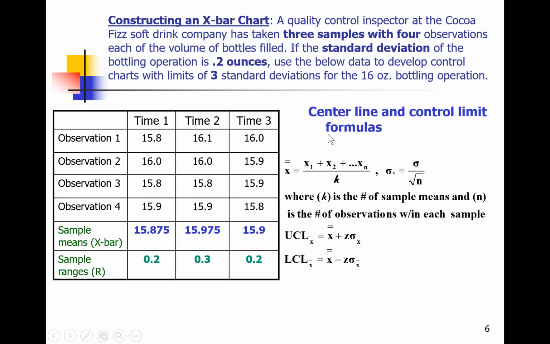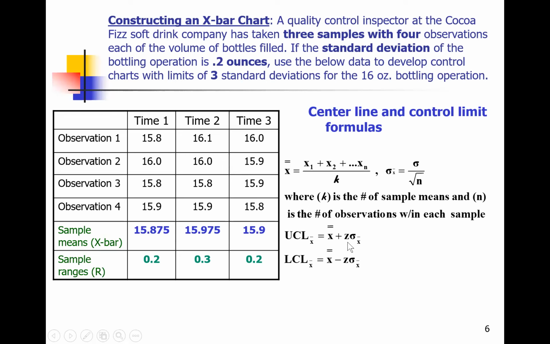And the standard deviation of the samples you can calculate by the population standard deviation divided by root over n. This n is the number of observations within each sample.